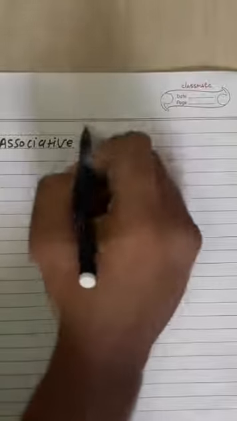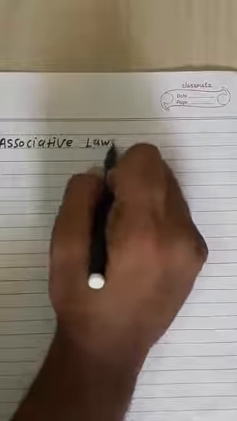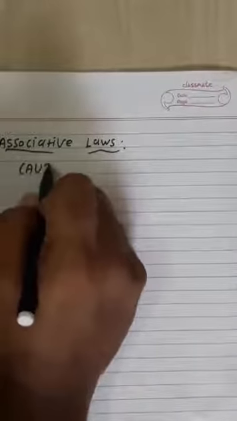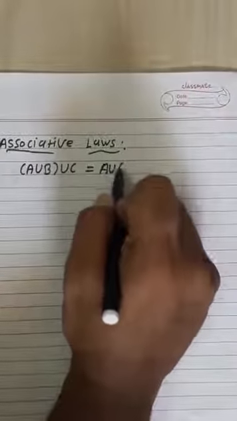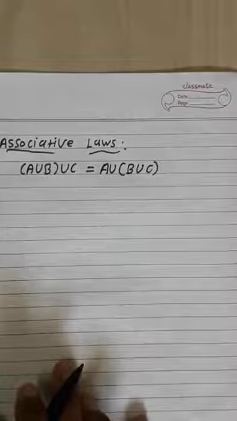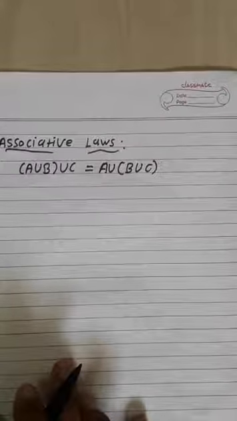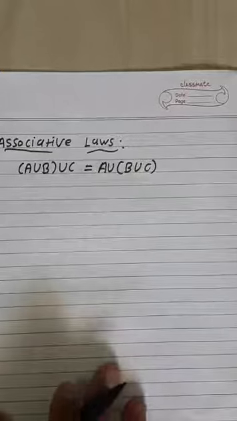Now second property, similarly, associative law. So A union B union C is equal to A union into bracket B union C. Now the same properties we can prove using an example.